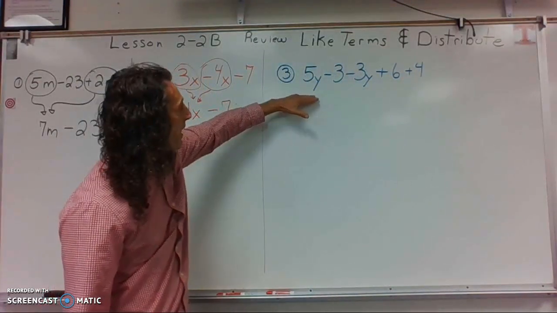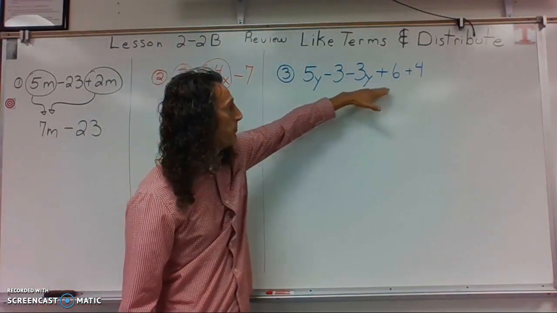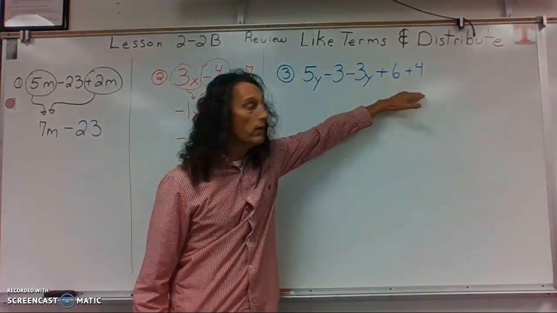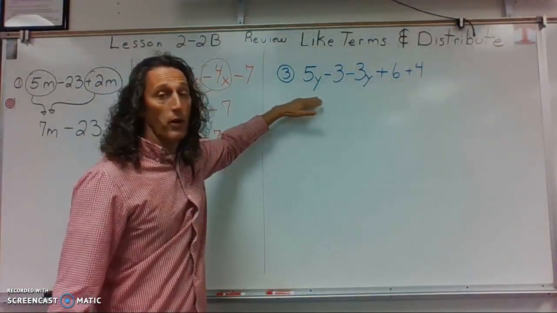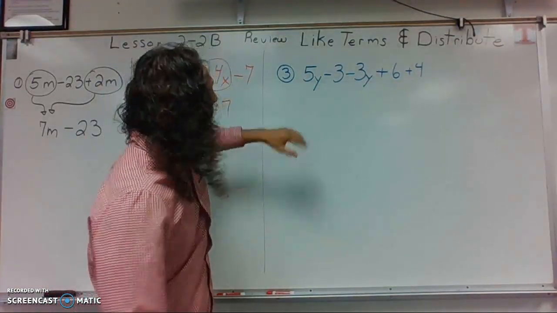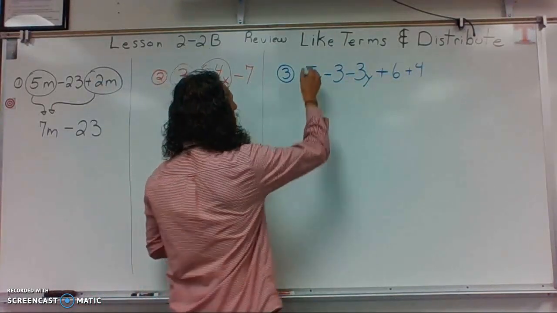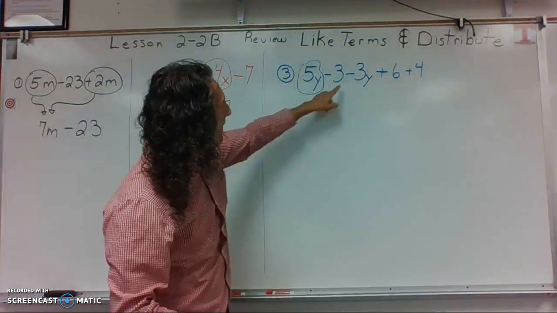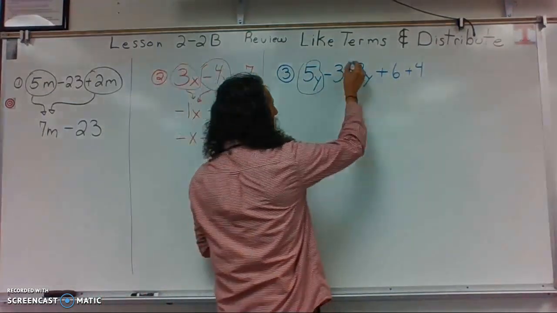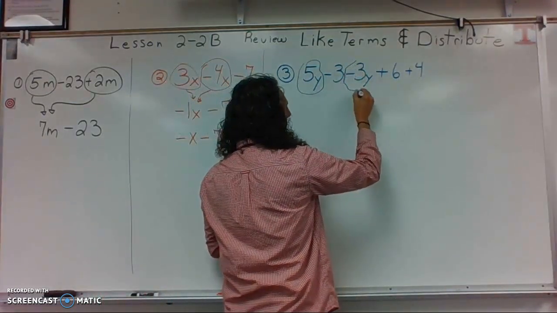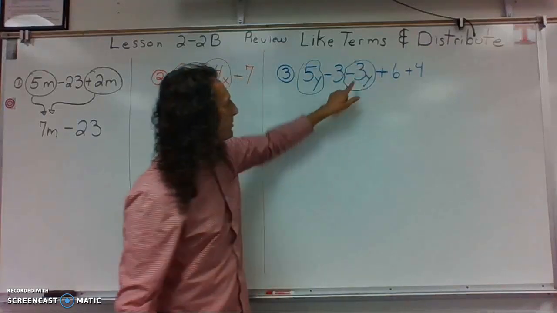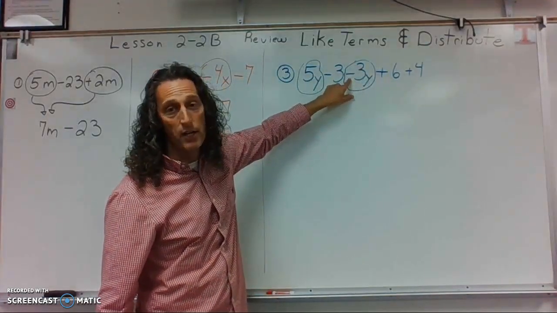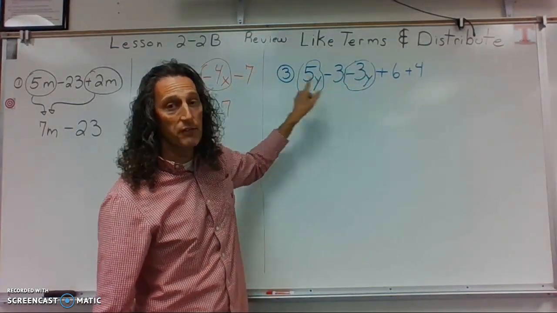Now, I have a slightly larger one right over here. I have a 5y minus 3 minus a 3y plus a 6 and plus a 4. Right? So again, if you want, you can go yo-yos. So I have my 5 yo-yos. And then no yo-yo. Oh, here's a yo-yo. But remember, I'm circling that minus sign so that it looks like a negative 3.